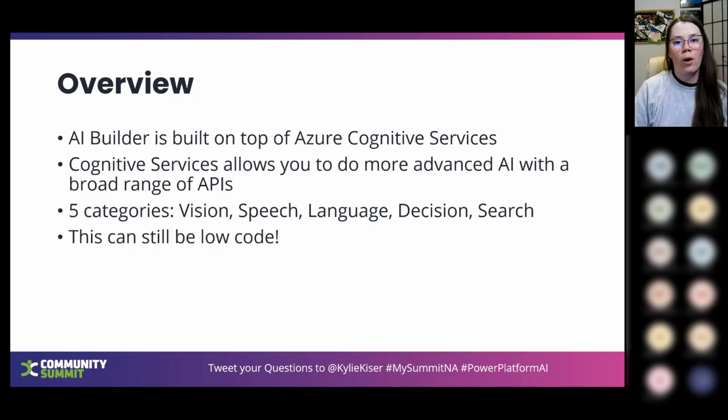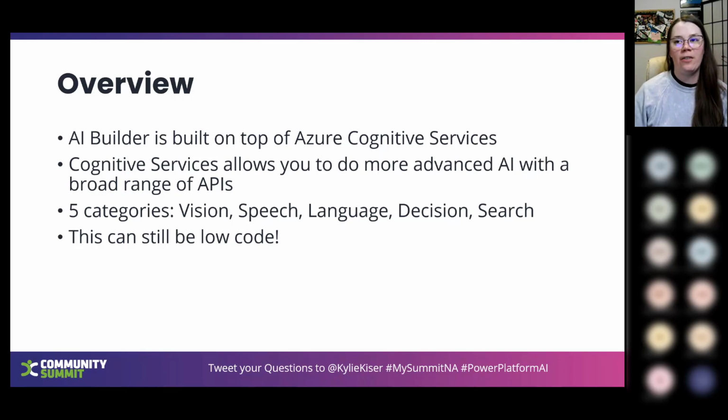But if you need something more advanced, that's when you'd want to look at cognitive services and using all their different APIs. There are 5 different categories of APIs within cognitive services: vision, speech, language, decision, and search.